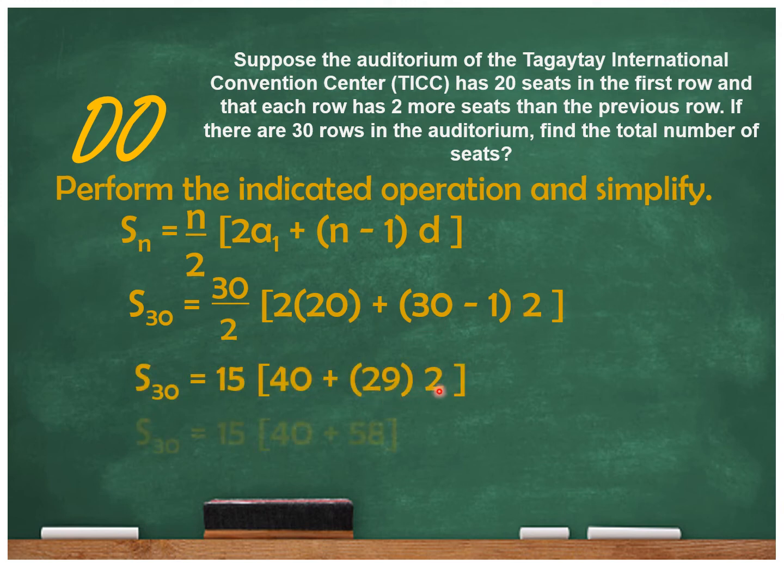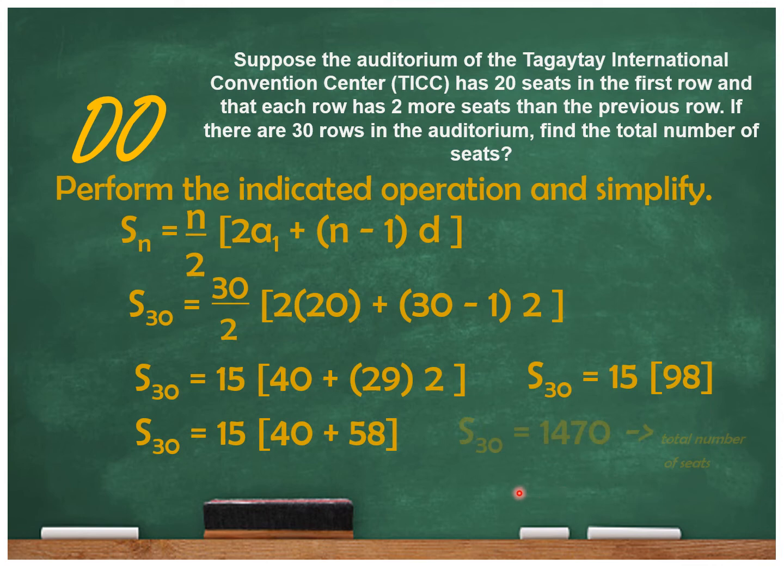So 29 times 2 is 58. 40 plus 58 is 98. And 98 times 15 is 1,470. So the total number of seats from the first row to the last row is 1,470.